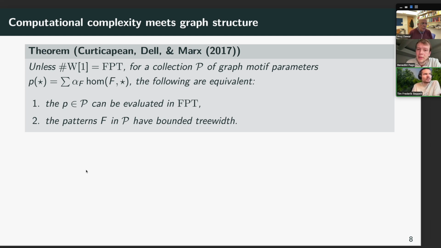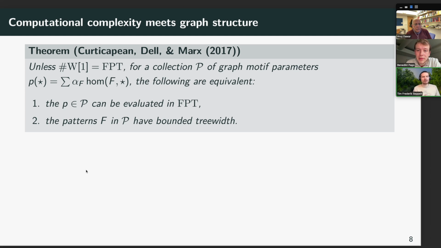And why are homomorphism polynomials somehow more useful than subgraph polynomials, at least in this case? This is because this setup reminded me a lot of this result here by Curticapean, Dell, and Marx from STOC 2017, I think, who proved a complexity dichotomy for evaluating linear combinations of homomorphism counts.